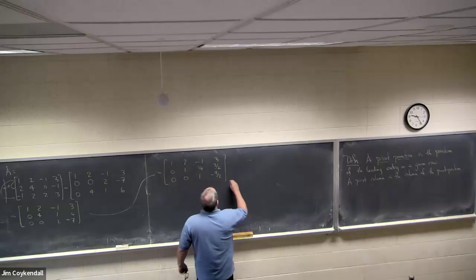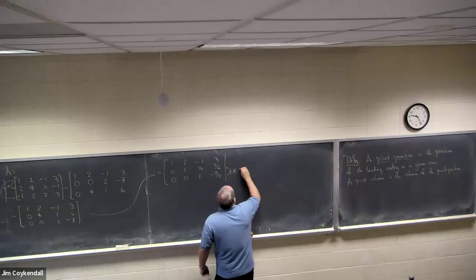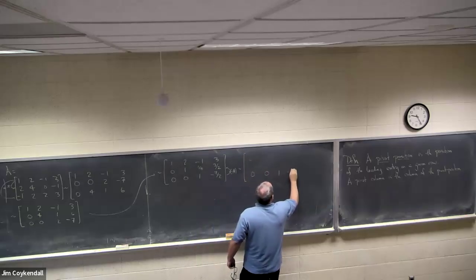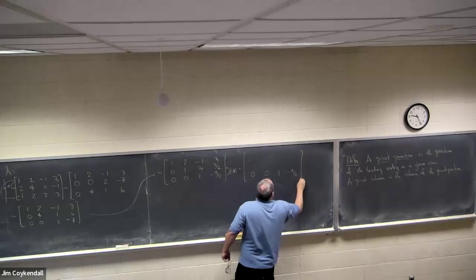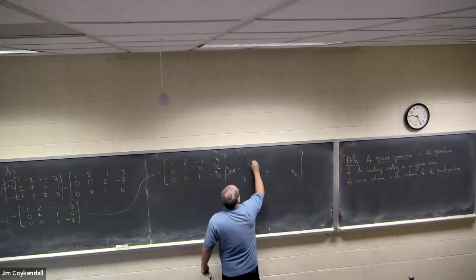So I'm going to multiply this by what? -1/4. So in the next step, 0, 0, 1, -7/2 is going to be left alone. I'm going to multiply this by -1/4. That's going to take that out. That's kind of the whole point.